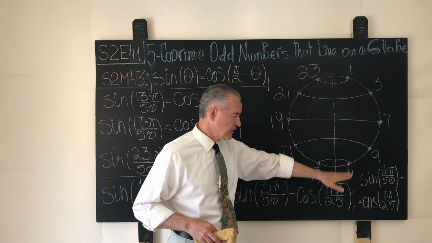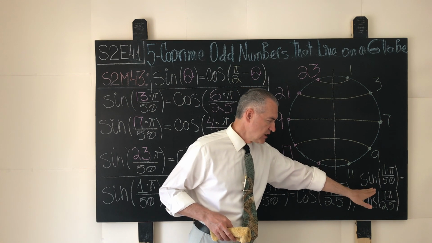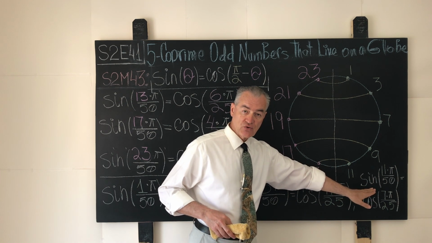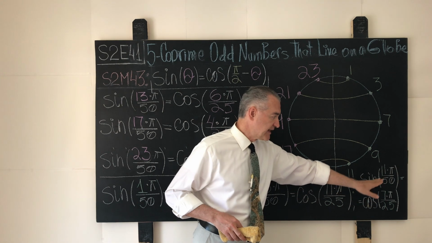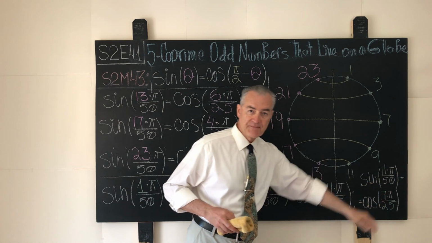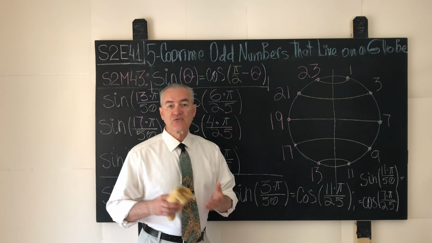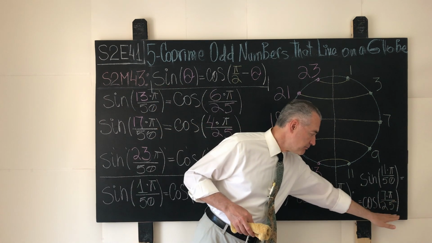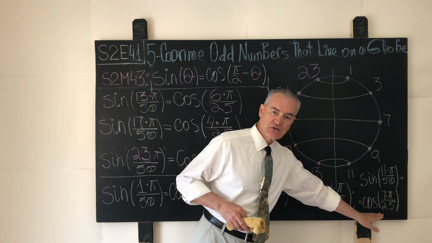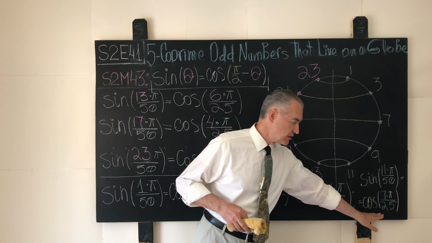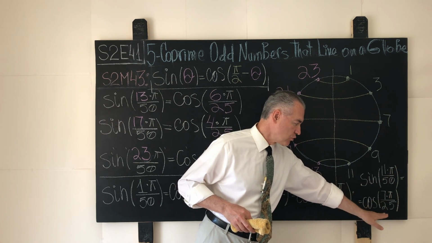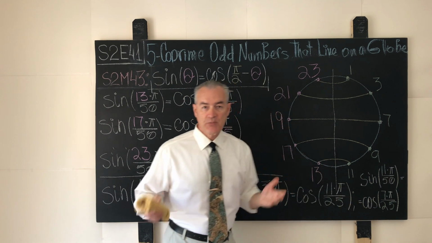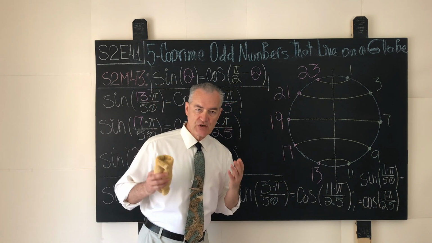And so on. We come down to the value of the trigonometric function of sine evaluated at the argument 11 times pi over 50. The distance from 11 to 25 is 14. 14 over 50 is 7 over 25. Bam, we have our trigonometric function of cosine evaluated at the argument 7 times pi over 25. No mystery, straightforward middle school arithmetic.